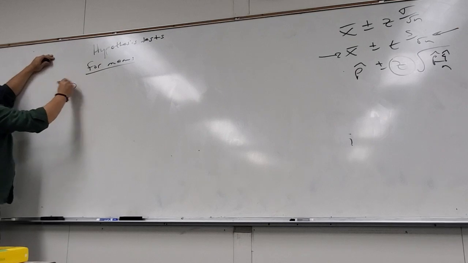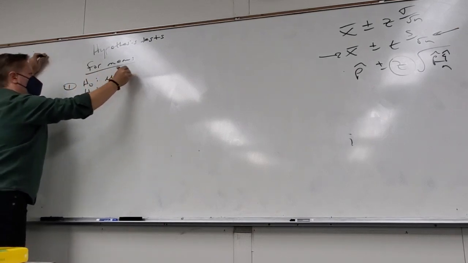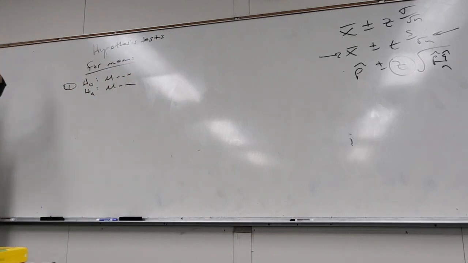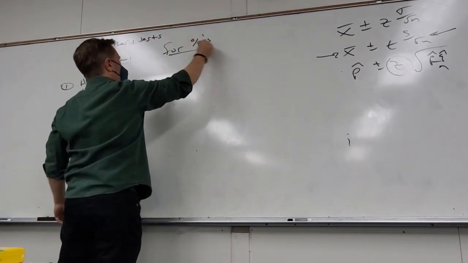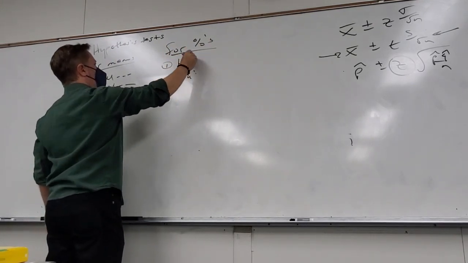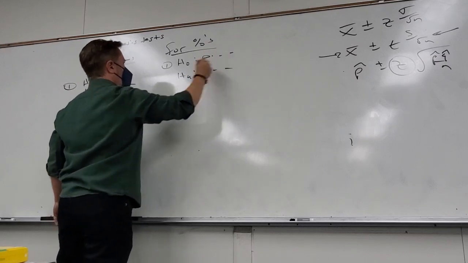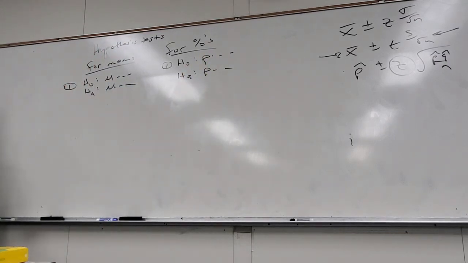Just real quick, I'd have an H0 and an HA with mu in it. If I'm doing it for percentages, I'm going to have an H0 and an HA with P in it. Okay, that makes sense, because we're talking about percentages, not means.